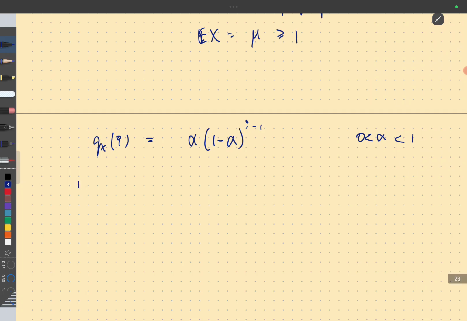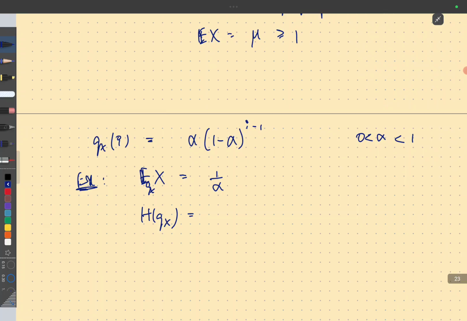I'll leave that as an exercise. Claim is that this mean is equal to 1 over alpha.